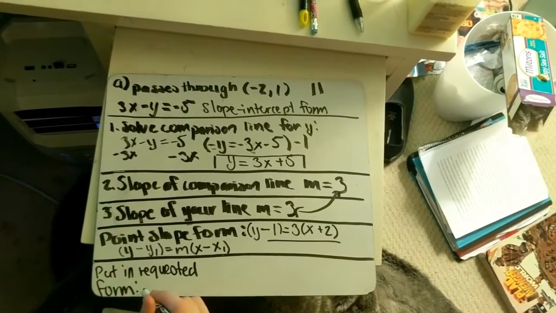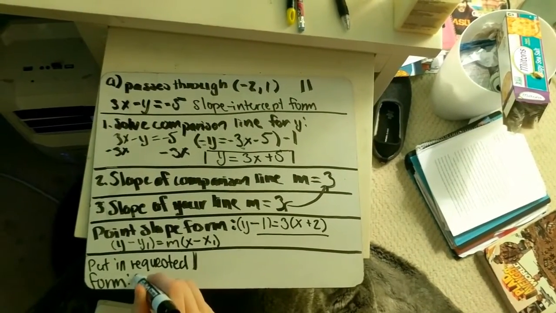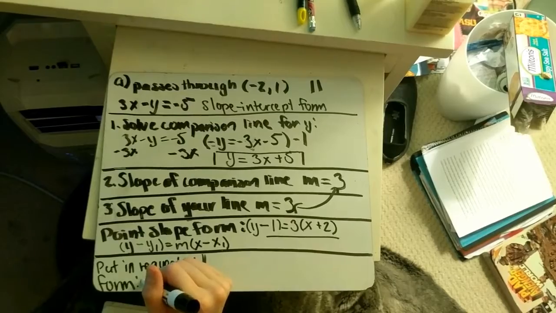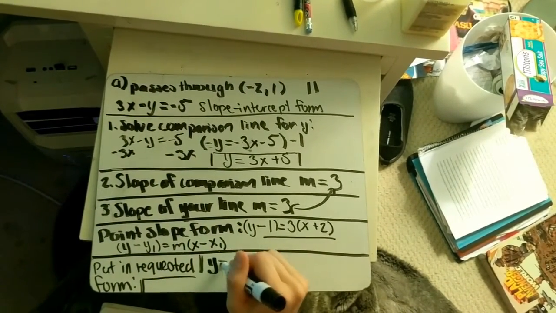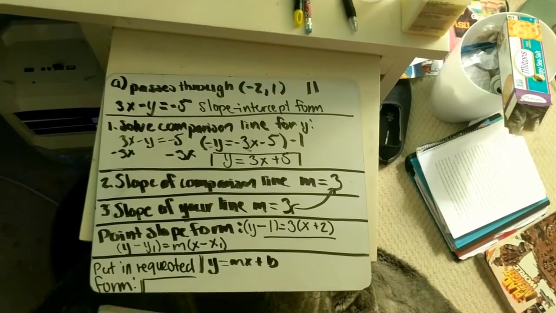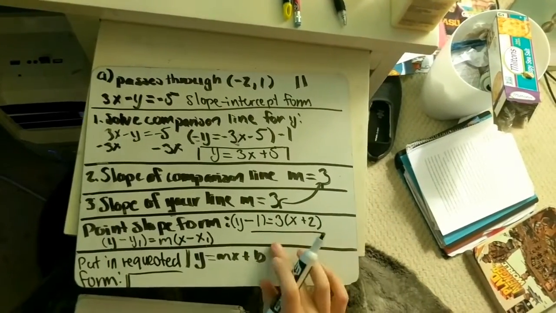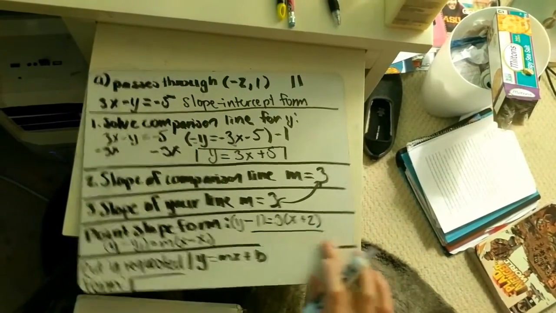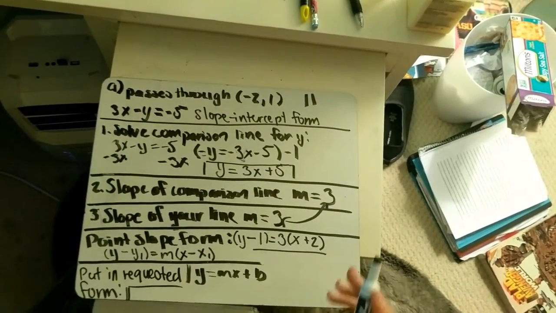However, they asked us to put it in the requested form, which is slope-intercept form. Slope-intercept form is, of course, y is equal to mx plus b. But we have to do that via point-slope form, so we'll solve through this.